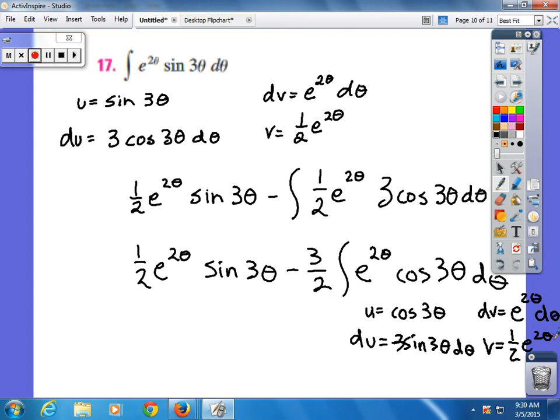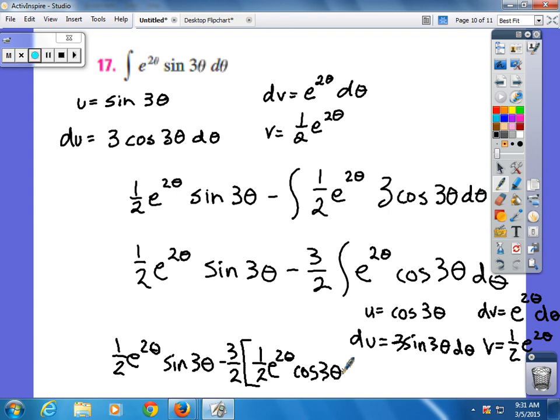So that's going to be 1/2 e to the 2 theta sine of 3 theta minus 3/2 brackets uv minus the antiderivative of v du: 1/2 e to the 2 theta cosine of 3 theta, minus the antiderivative of v du, which is going to be 1/2 e to the 2 theta times negative 3 sine of 3 theta d theta.